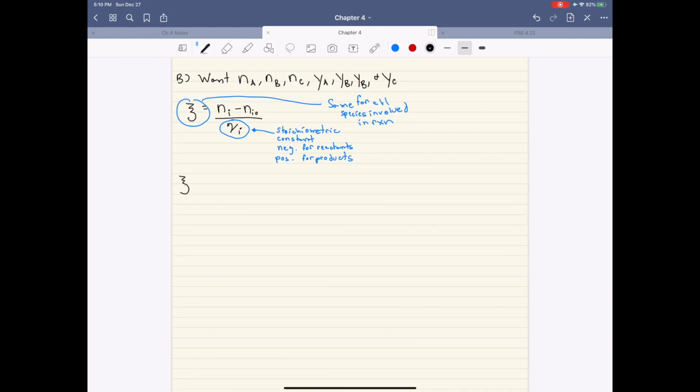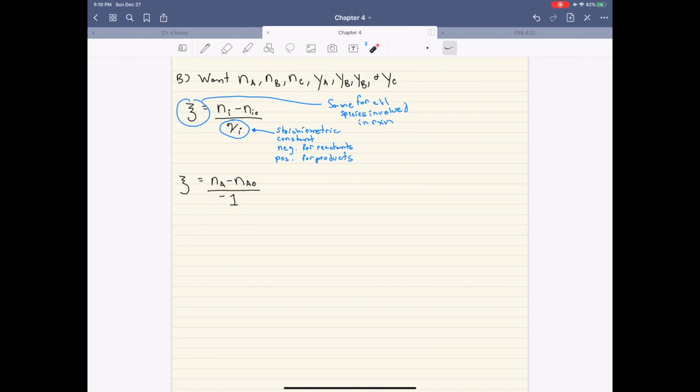And so, to illustrate that, for the process that we're dealing with here, we have 3 different species. So, if I write out the extent of reaction in terms of species A, what we get is this. Where we have the number of moles at the final time point, minus the initial number of moles, and then divided by its stoichiometric constant.